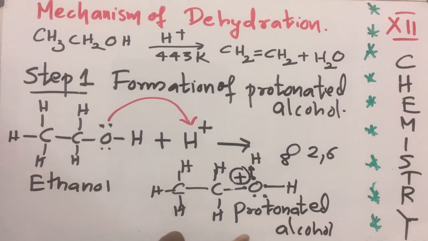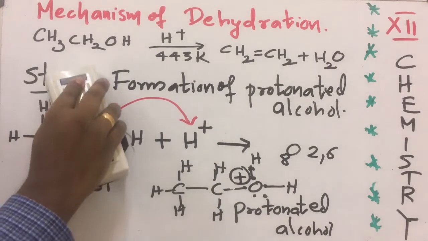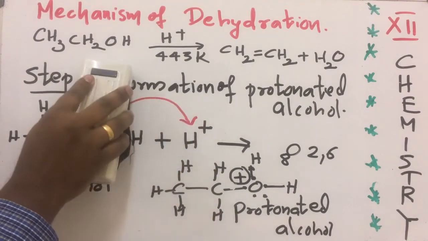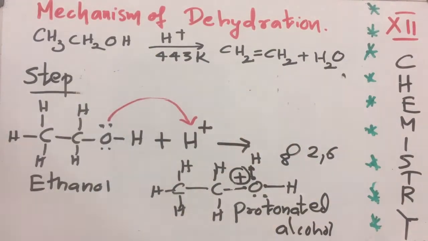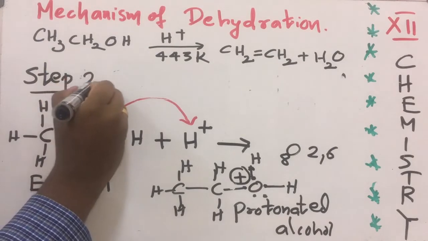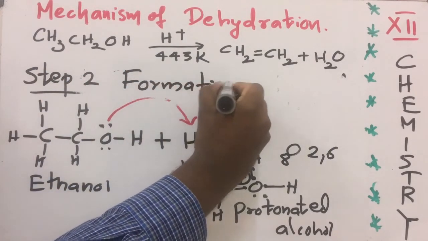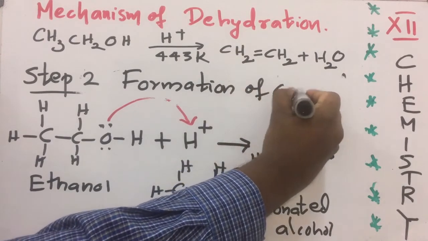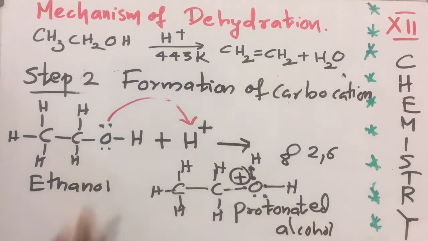In step 2, the protonated alcohol reacts to form carbocation. Step 2 involves formation of carbocation from protonated alcohol.